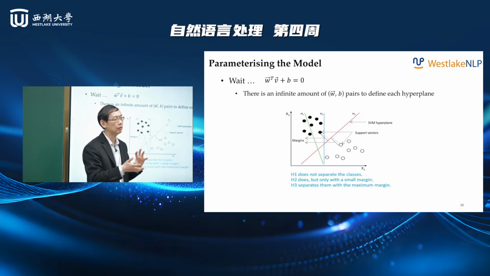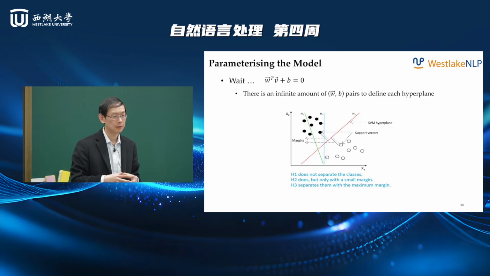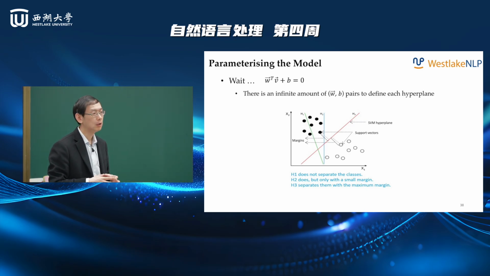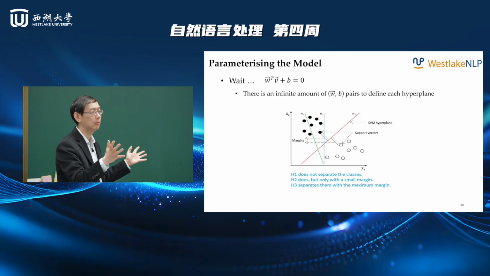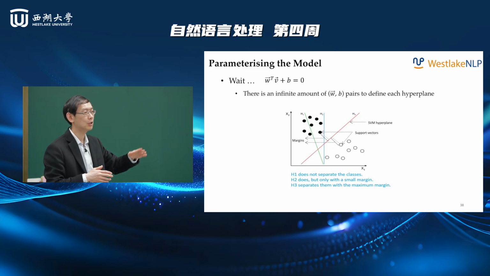So you have some redundancy. Then you need to remove one model parameter to make sure that a set of model parameters corresponds to a hyperplane. Which one do you remove? Say you remove b, maybe not a good idea. You still want to shift it.